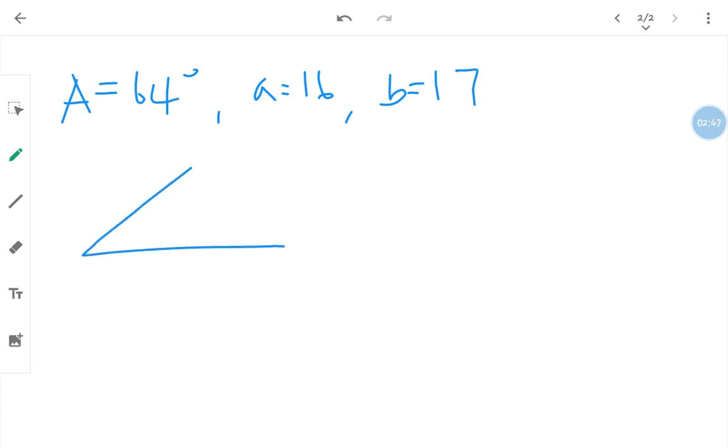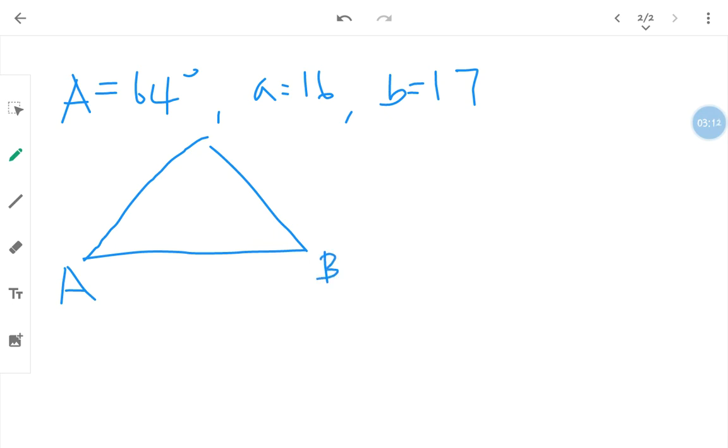Your A should be longer, and B maybe longer and shorter. So this is my A, this is my B, this is my C, and that is 16, that is 17. So you may think about one triangle like that.